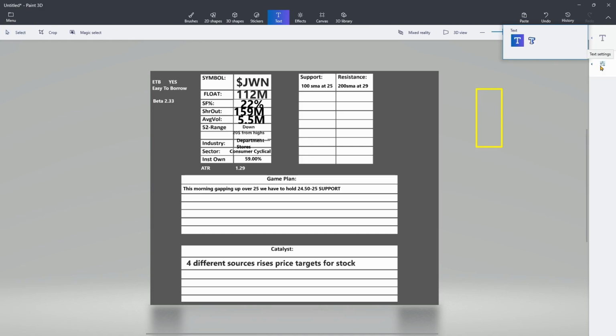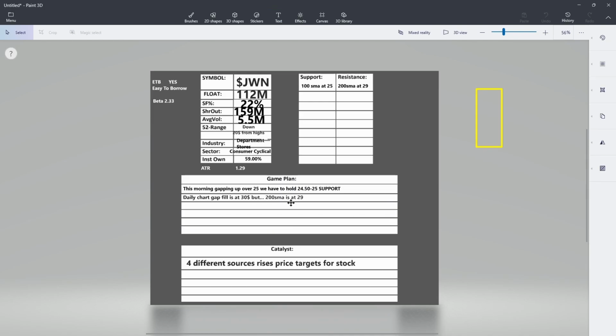And this is where it pays to have it right in front of you, so you can just easily write this down. You're not fumbling around like I am right here. Daily chart, gap fill is at $30, but 200 SMA is at 29.